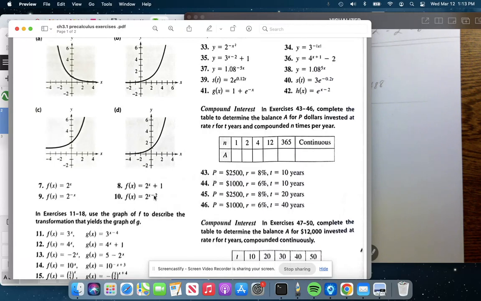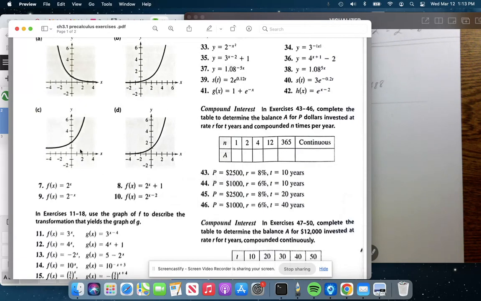All right, so if I know which one of these is the basic one, then I should be able to find the other ones. Now, I know this is a growing function. In other words, as x gets bigger, y is going to get bigger too, right? Because 2 to the 1 is 2, 2 to the 2 is 4, 2 to the 3 is 8. So it can't be this one, because this one's getting smaller as x grows, so it's definitely not that one. It's got to be one of these 3.